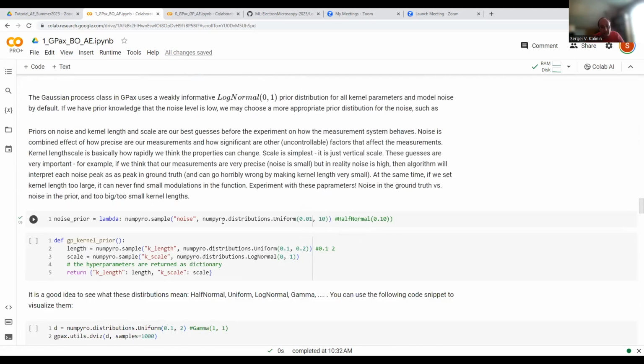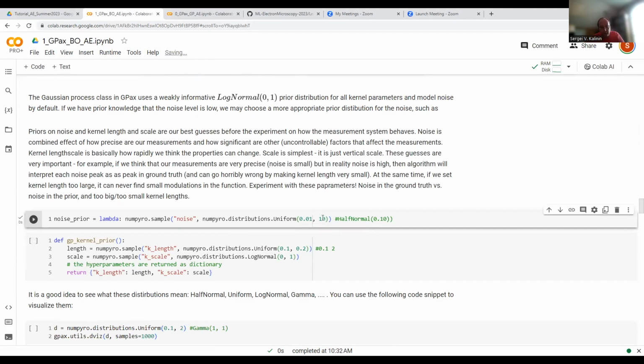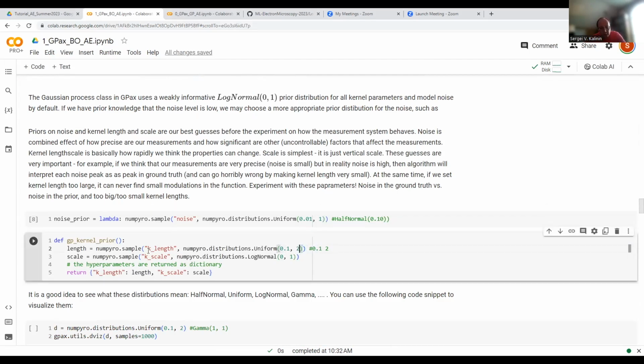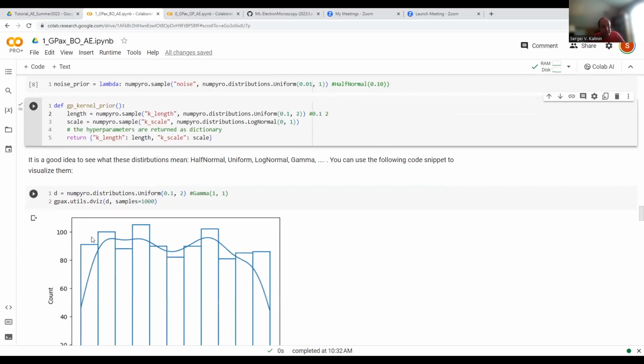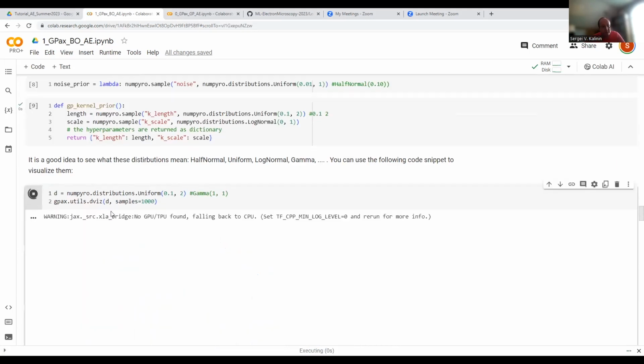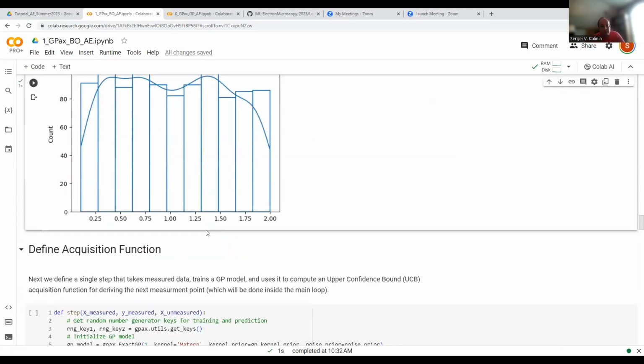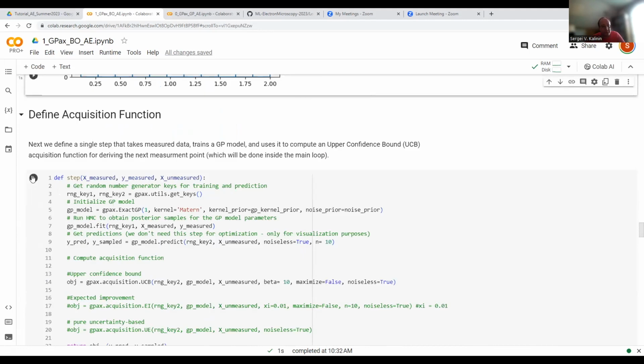Let's assume that we believe our measurements. So let's say that this is from 0.1 to 1. Let's assume that our kernel length scale also has a uniform distribution. Kind of as before, we can visualize them just to make sure that we know what we are talking about.